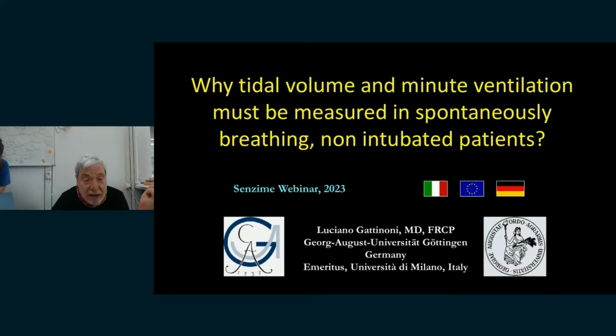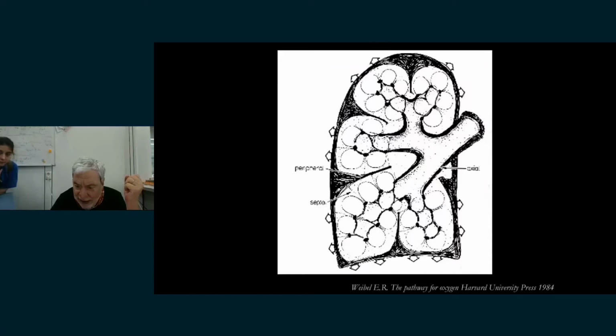Pulse oximeter and looking. So you have this big jump between what we do with mechanical ventilation and what we have with spontaneous breathing.